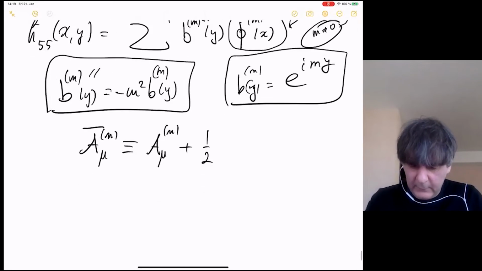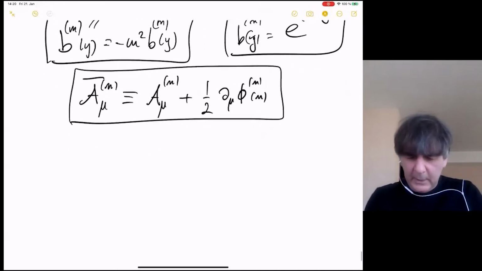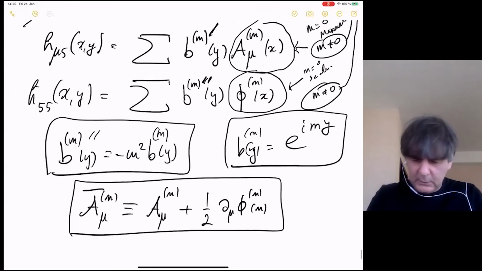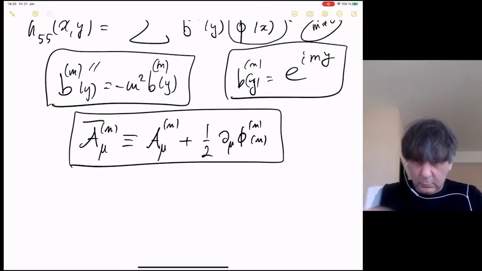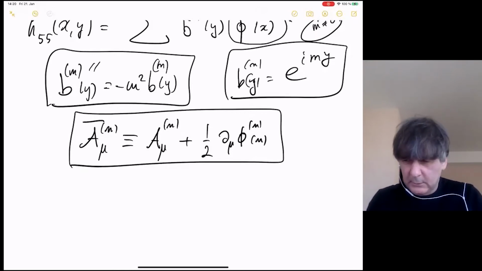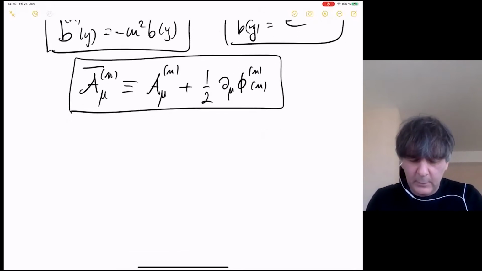Yeah, the 1/2 is there for convenience, because this diagonalizes certain terms. And if we write it like this, what will happen is that this combination at each mass level, once we do separation of variables, will give us the equation for massive Pauli fields.